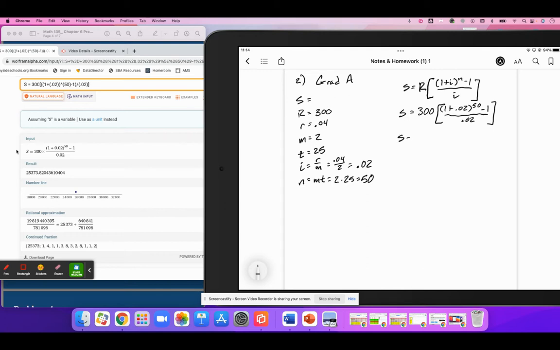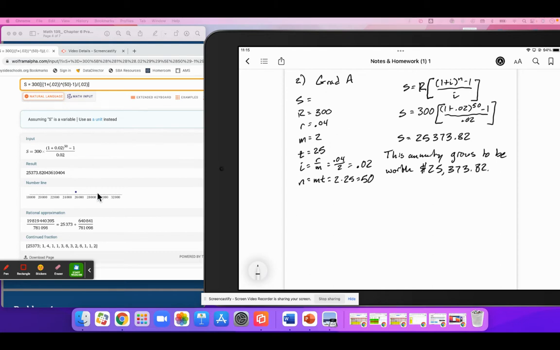So S equals 25,373.82. So this annuity grows to be worth $25,373.82.